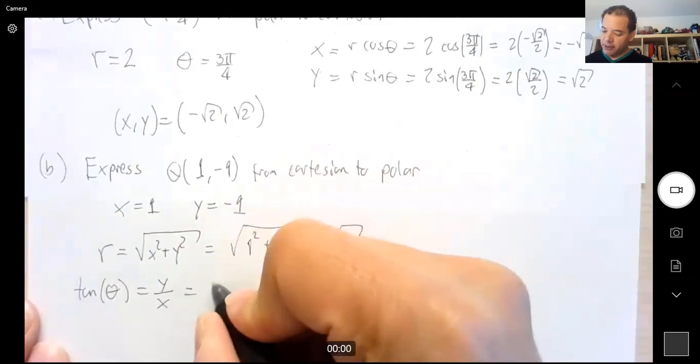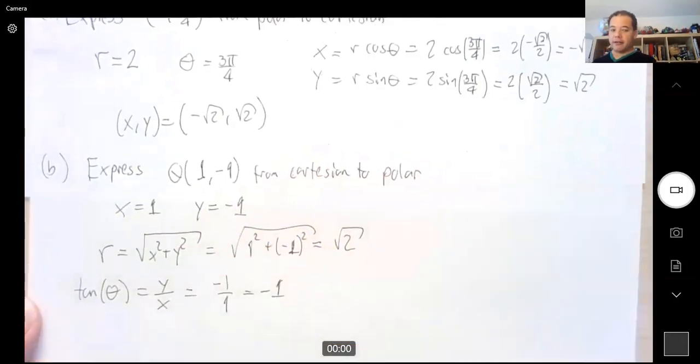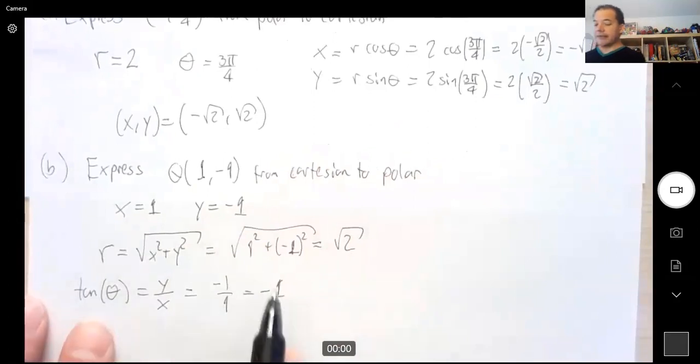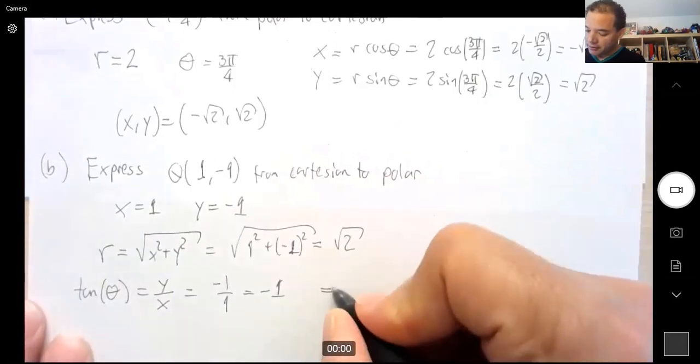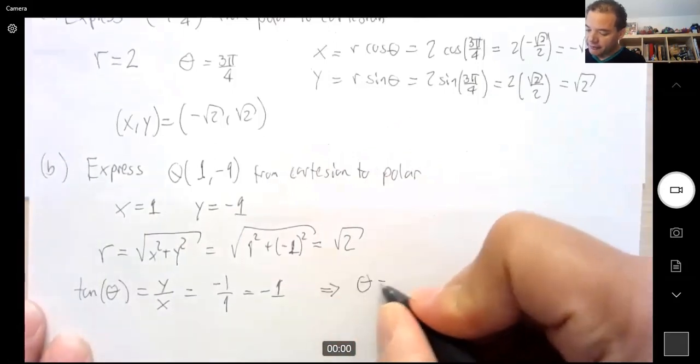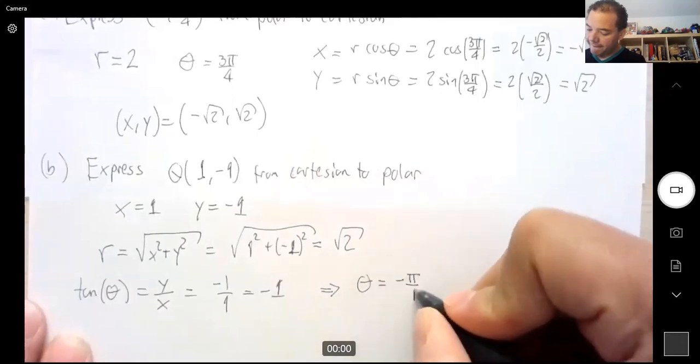And this is going to be -1 over 1, that's -1, right? And then you ask yourself, what angle has a tangent of -1? So here, theta is, well, -1, that would be -pi/4.